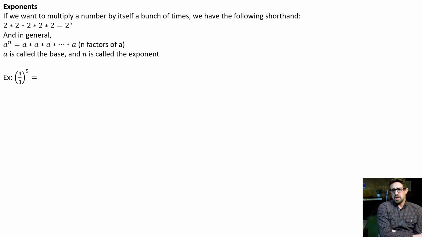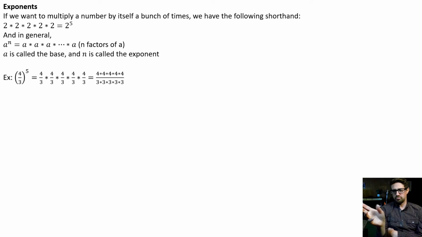But just to see what this looks like, this is just 4/3 times itself, a total of 5 times. I should say a total of 5 factors in there. It's really times itself 4 times, but whatever. A total of 5 factors of 4/3. And then notice, when you multiply fractions, you go across the top and you go across the bottom.